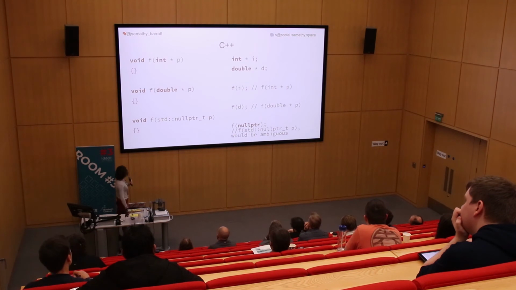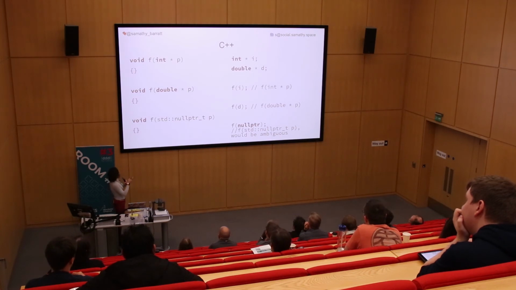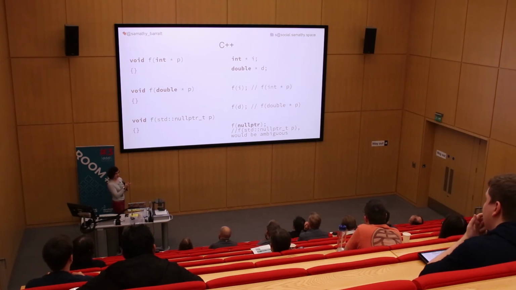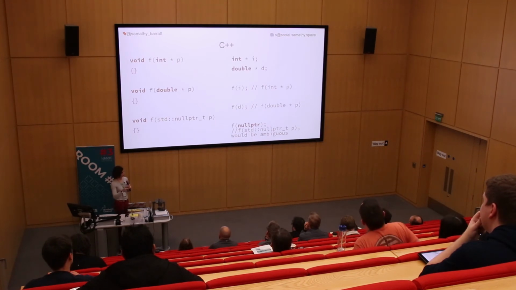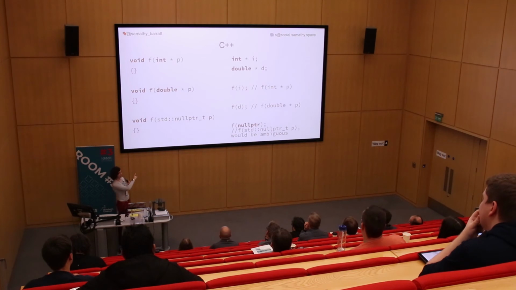Now, for those of you who haven't programmed in a language that supports function overloads, what we've got here is 3 functions that take different arguments, but all the functions are called f. And what happens is when you call function f, if you pass in an integer, C++ will go, aha, I know which function you want. You want the function with the argument integer.